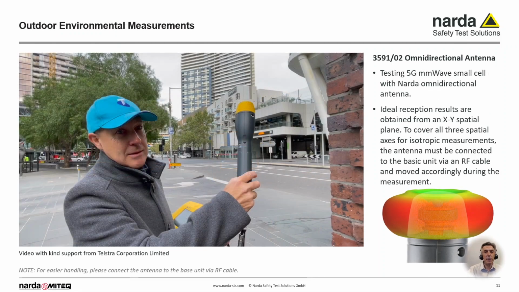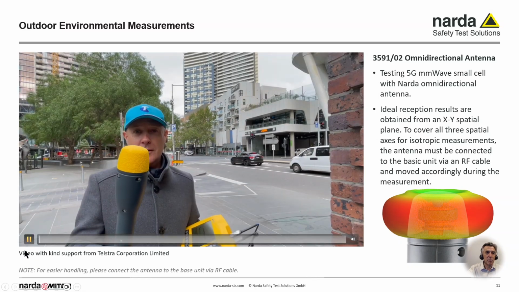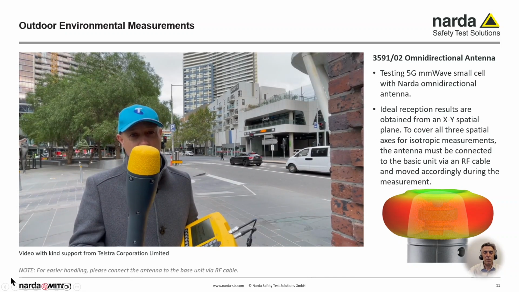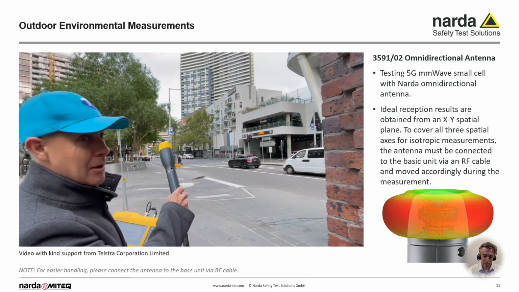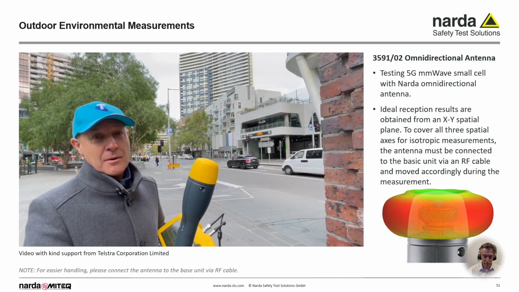Here is another test he did down in the road, and he did it now with the omnidirectional antenna. Yeah, I switch on again the tone. So this is the omnidirectional antenna, ideally used for when we're measuring small cells, a millimeter wave like you can see in the background.